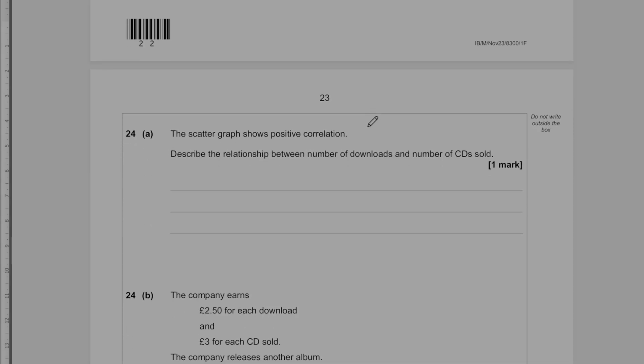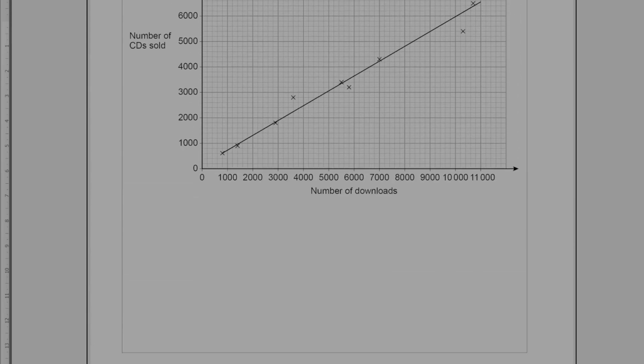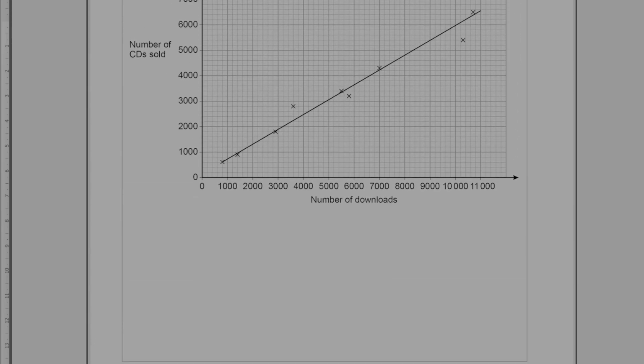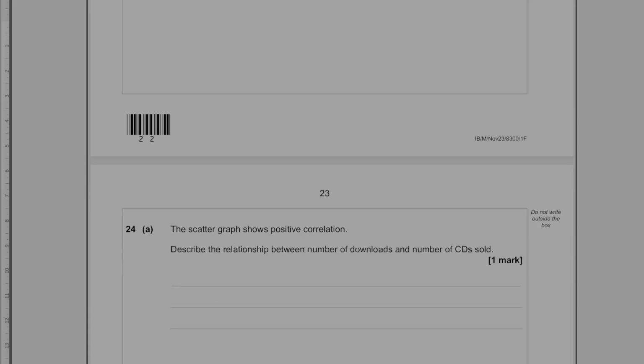So describe the relationship between, that's asking us to describe what positive correlation means really. So the greater the number of downloads, the greater the number of CDs sold would be absolutely fine.